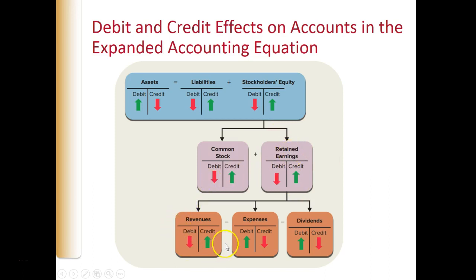Therefore, the normal balance of retained earnings is a credit balance. But we also know expenses and dividends do what to our retained earnings account? They decrease it. So since they decrease it, we debit it when they decrease it. So we know expenses and dividends then have normal debit balances.